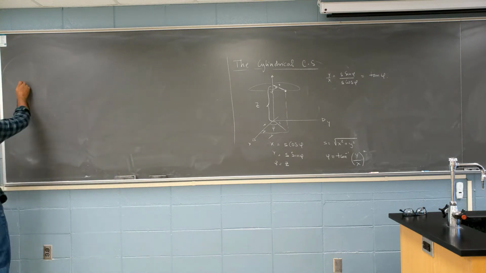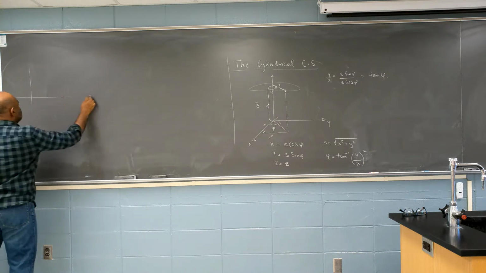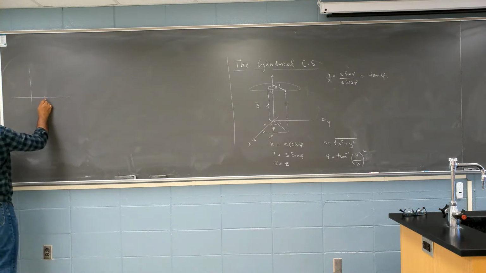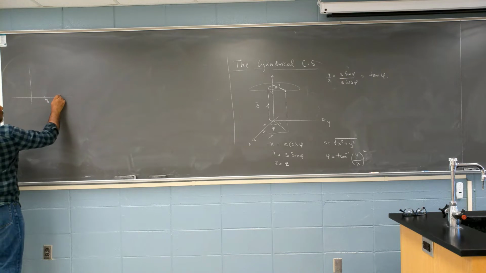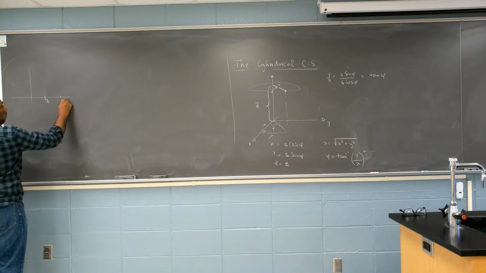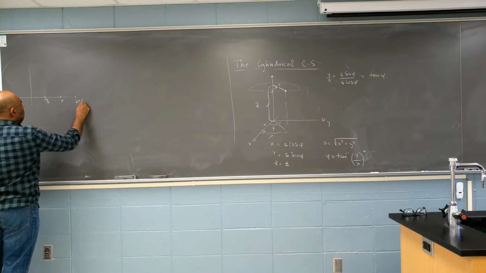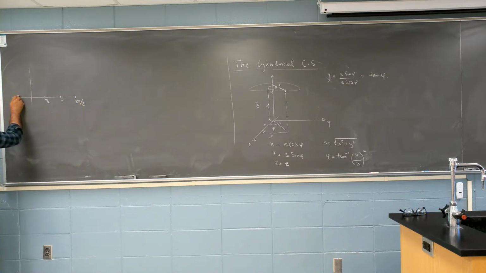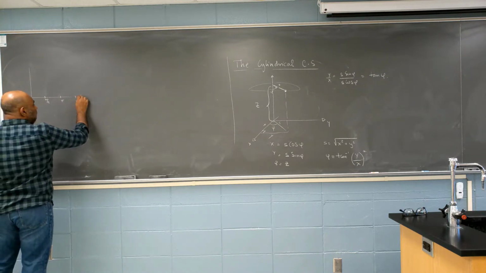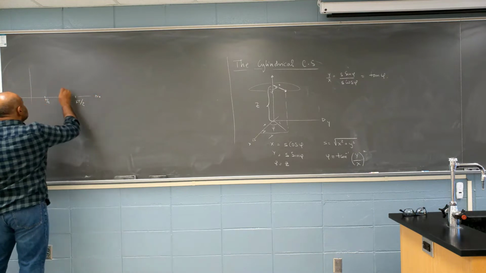Okay, so let me graph tangent. And this is 3 pi over 2. This is sufficient over here for me. Minus pi over 2. You'll get the idea what goes on here. And this is, let's say, the x-axis.